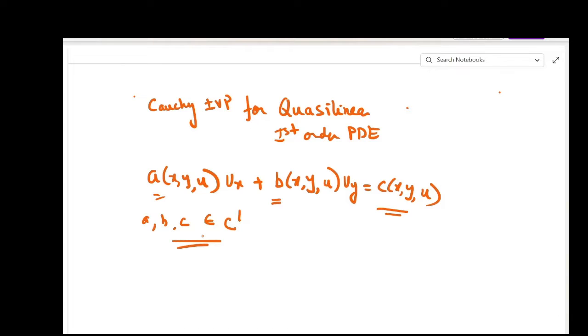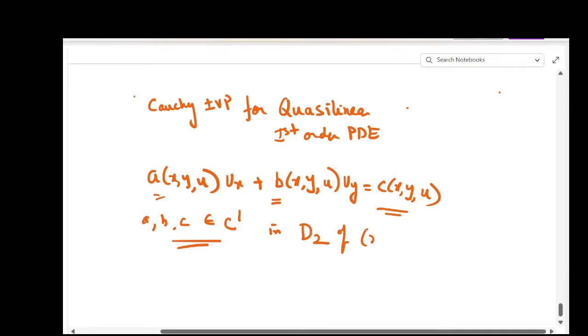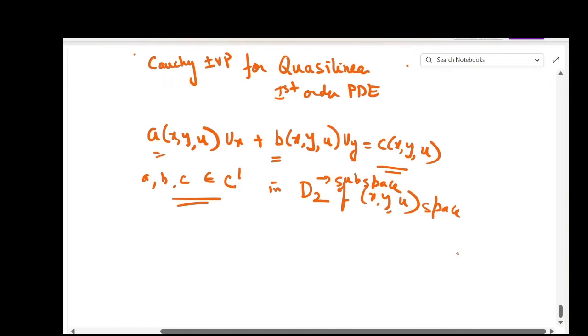And these continuous functions are defined in some subspace of X, Y, U space, let us name it D2. As I already said, I'm not going into the details of why we are taking this. I'm just concerned about discussing how to solve this quasi-linear first order PDE.